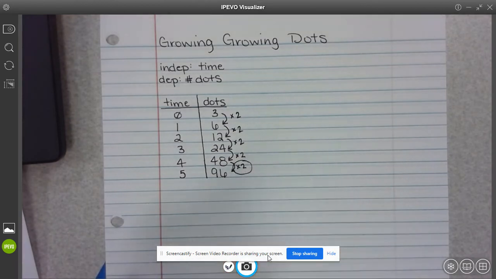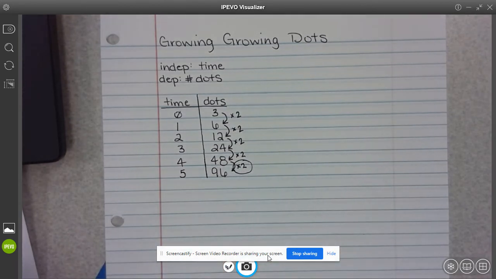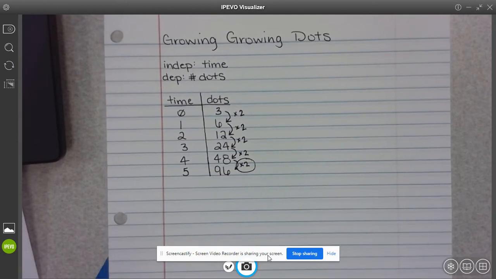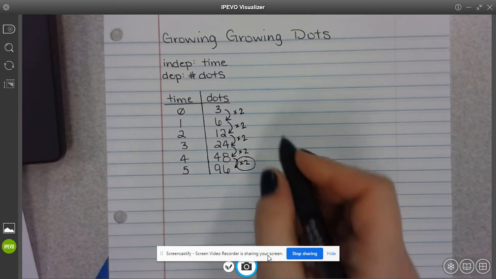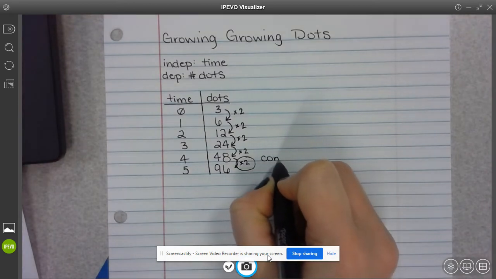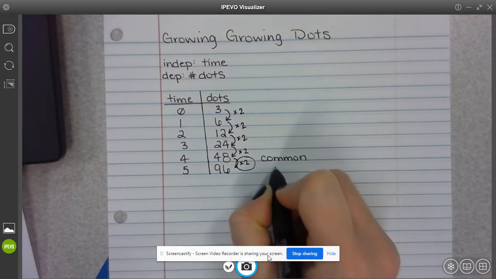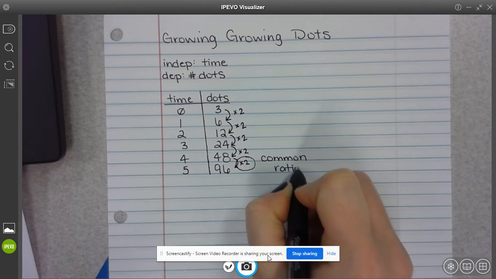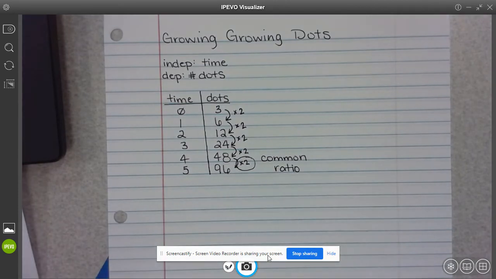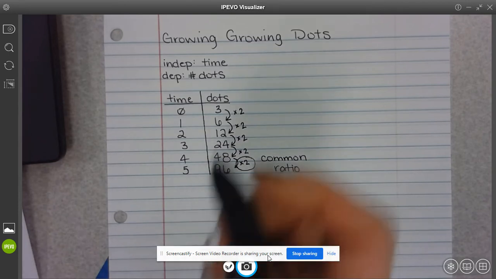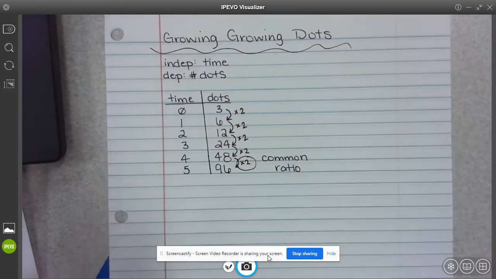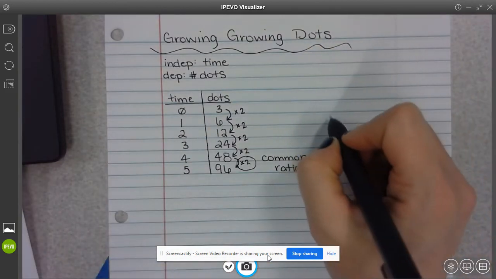So this times 2, before, when we were dealing with an arithmetic sequence, we called that a common difference. Difference denoting that we were doing addition or subtraction. Now, this is called a common ratio. And since I'm dealing with multiplication, instead of addition or subtraction, we're no longer dealing with an arithmetic sequence.